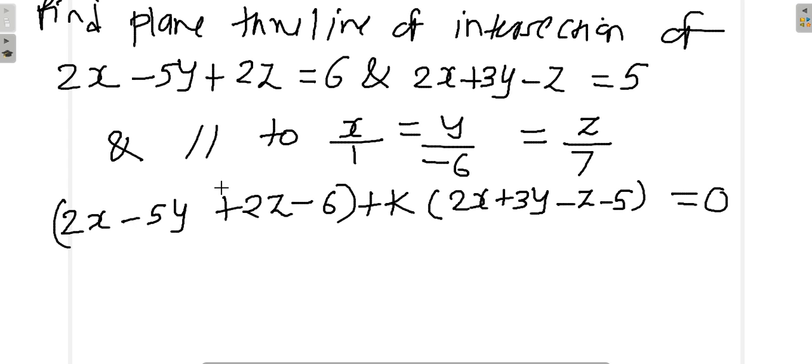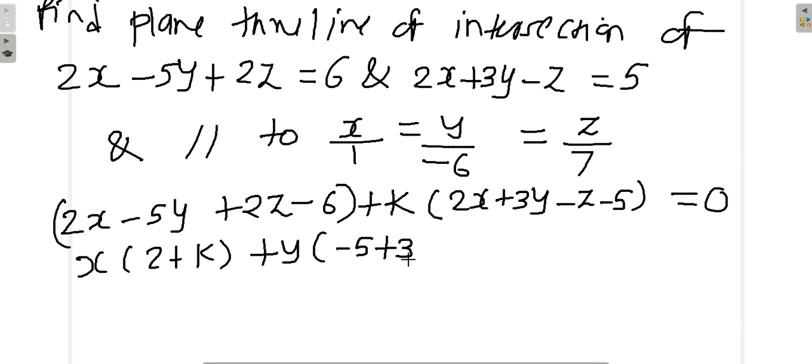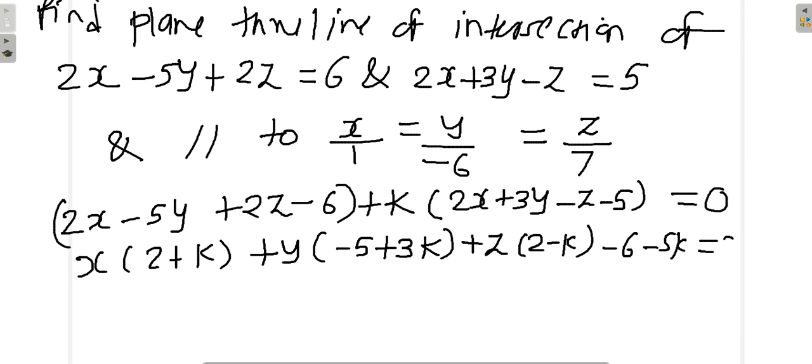Let us compile the terms in terms of x, y and z. So it will be x into 2 plus k plus y into minus 5 plus 3k plus z into 2 minus k, and minus 6 minus 5k will be 0.